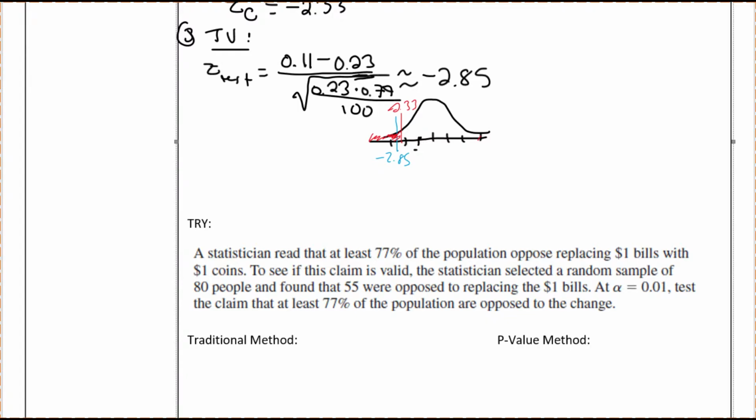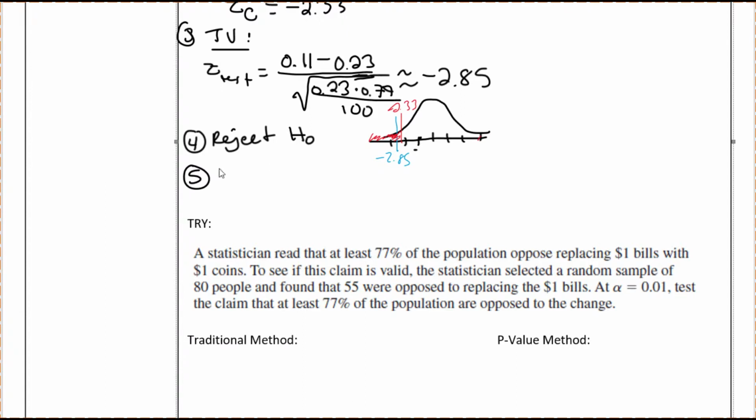We can clearly see that we are in our rejection region. Since we are inside our rejection region in red, we reject. So step 4, we reject the H0.